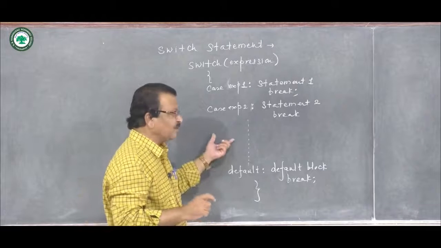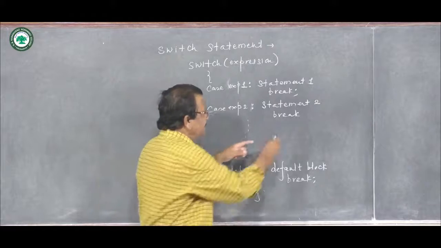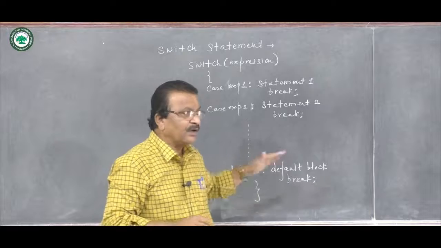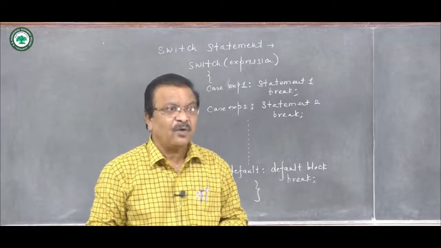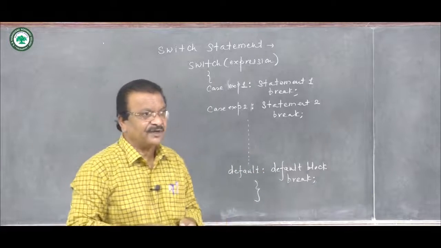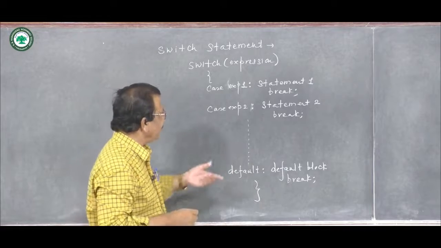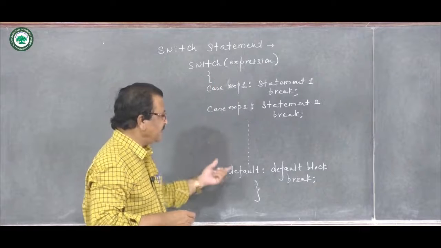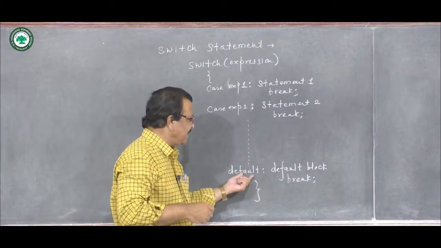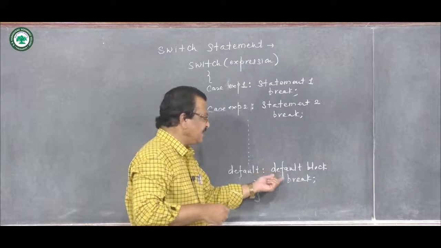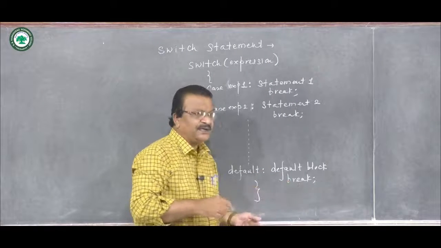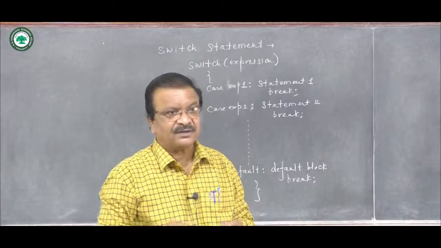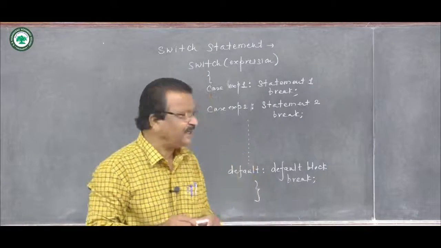Because of the break statement at the end of each block, control comes out; break causes the exit of the control. If none of the case label values matches the value of the expression, then the block labeled as default will get executed, and this break will provide exit from the switch statement. This is how a switch statement gets executed.